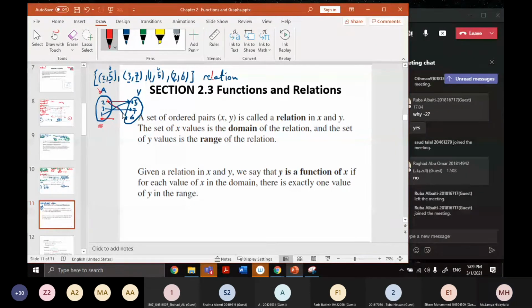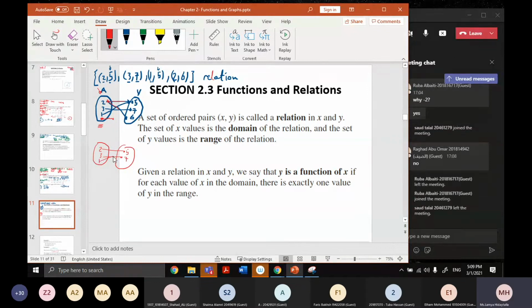Okay? Okay. Now let me take another example. If I made this relation like that, I have 2 or 3 or 1, and here the 2 is mapped to the 5, and the 3 is mapped to the 7.